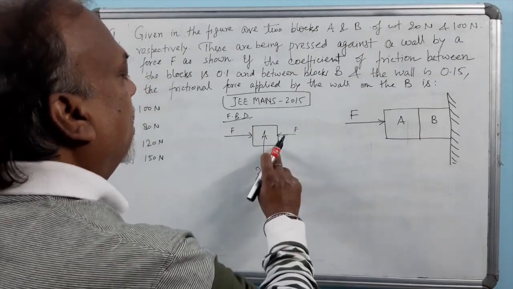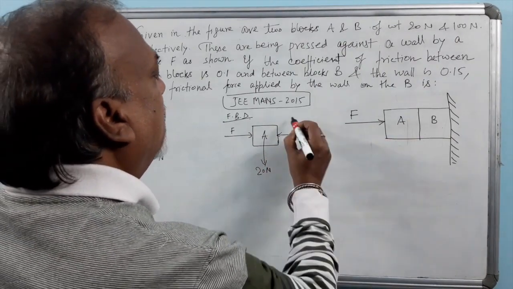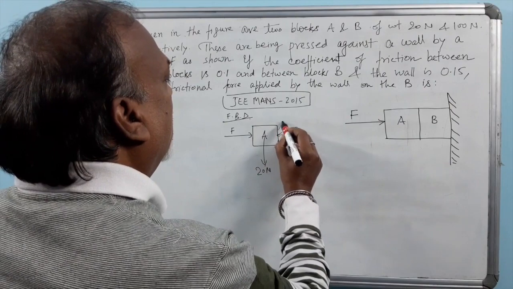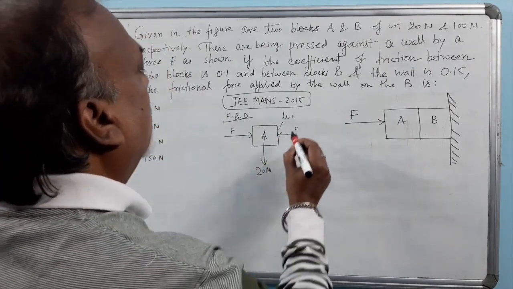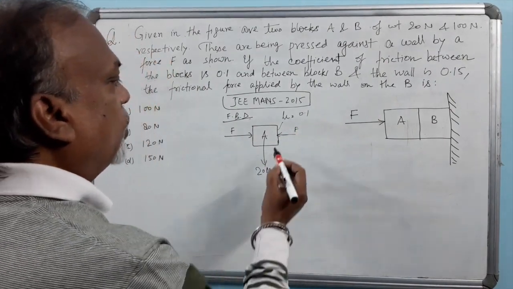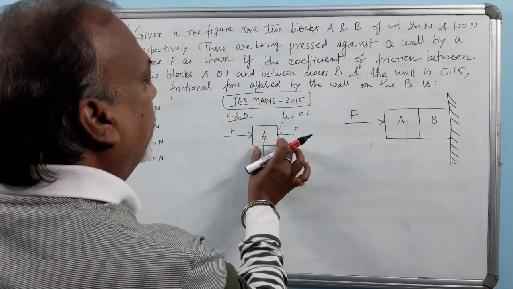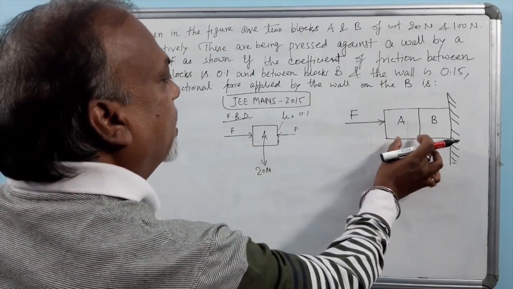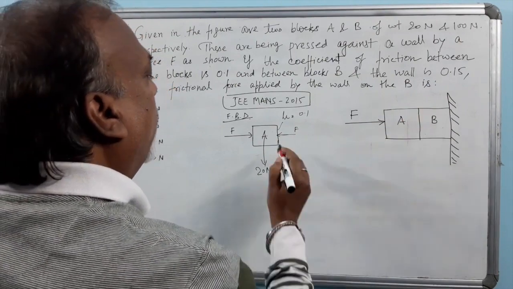Now the friction coefficient, that is μ, here is 0.1. So this will have frictional force between these two blocks like this.